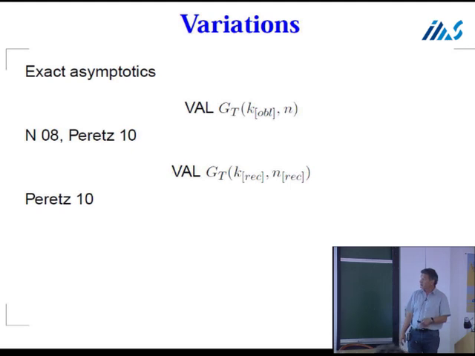Peretz significantly improved the dependence on t, which initially I knew only for some values of t. And if you look at the asymptotics in the case that there is k recall for player 1 and n recall for player 2, for arbitrary t, there is an exact asymptotic theory developed by Ron Peretz, with beautiful results. I encourage each one of you to read them. Maybe they will serve as some insight into how to solve the problem with finite automata.